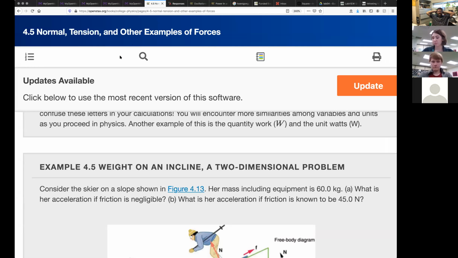Section 4.5. We still have 6, 7, 8, right? So this is kind of where we ended up here. Did we do the example of the skier? I don't remember. Where did we end up?